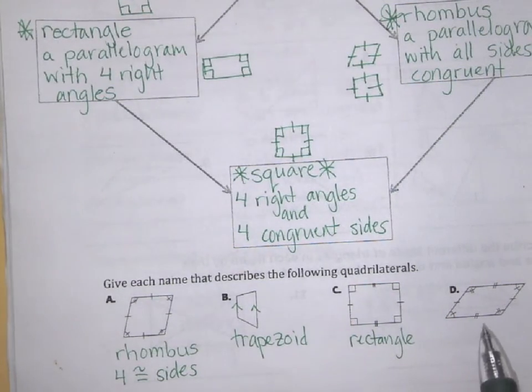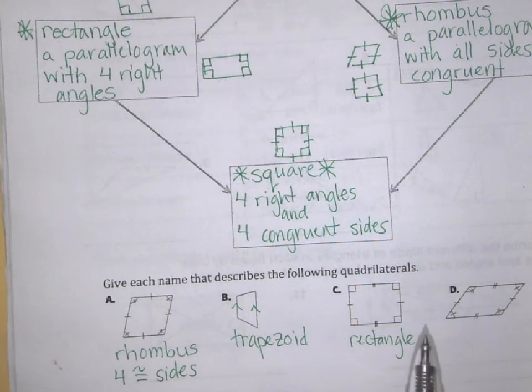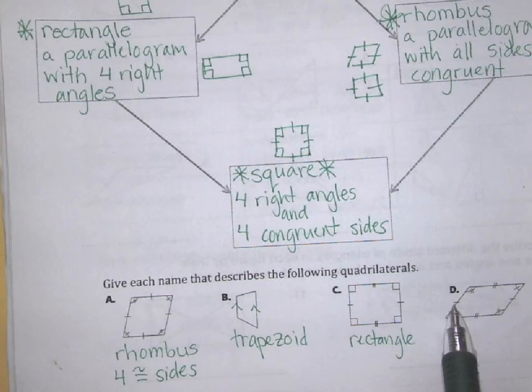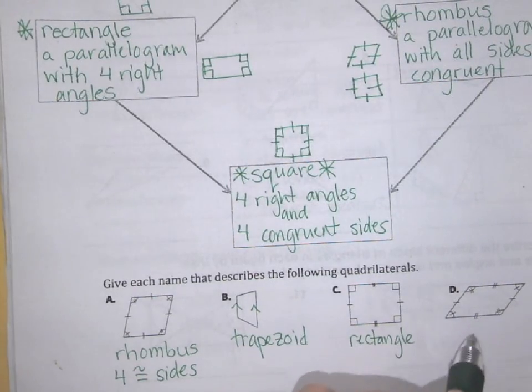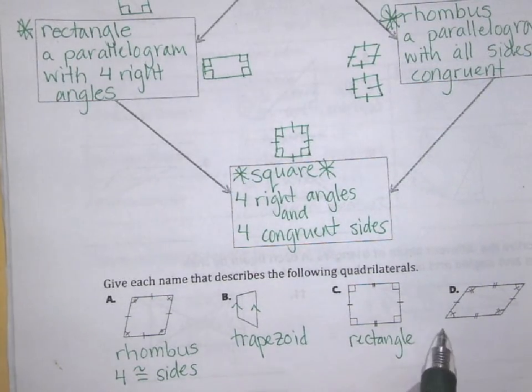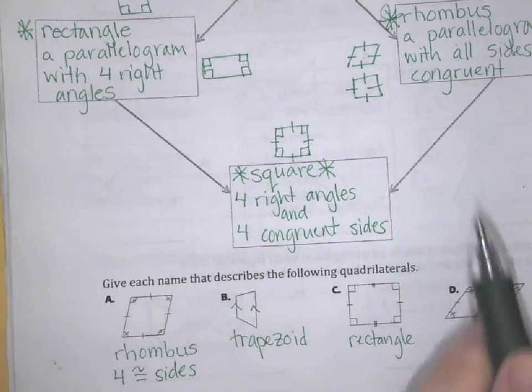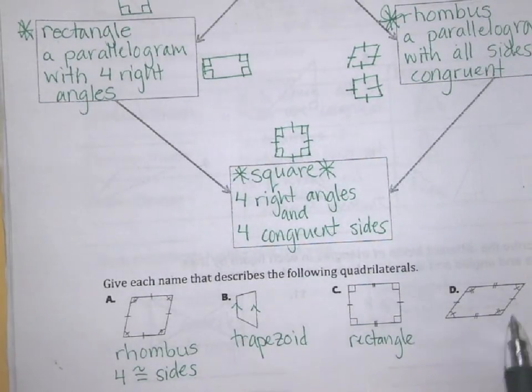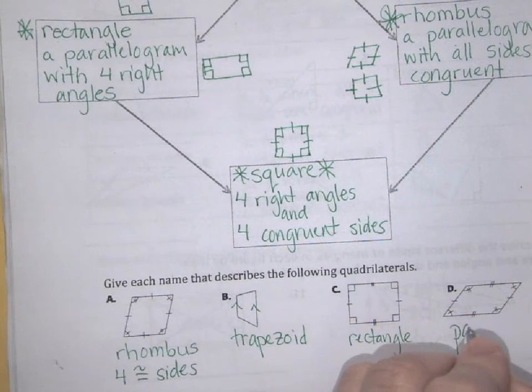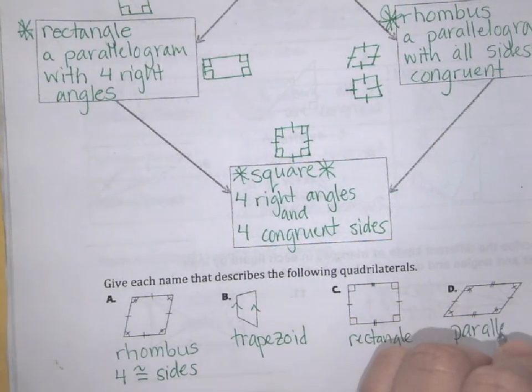All right, and then my last picture here, these are congruent, and these are congruent, but I don't have 4 that are all congruent, so it's not a rhombus, it's not a square. I don't have right angles, so it's not a rectangle, so this is a parallelogram.